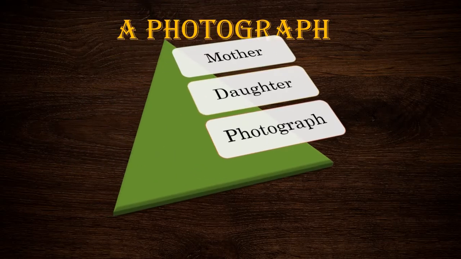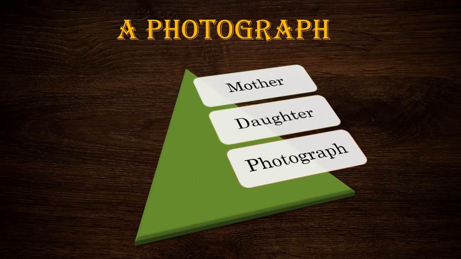See children, the poem mostly deals with correlation. The three major factors to keep in mind are very simple: the mother, the daughter and the photograph.